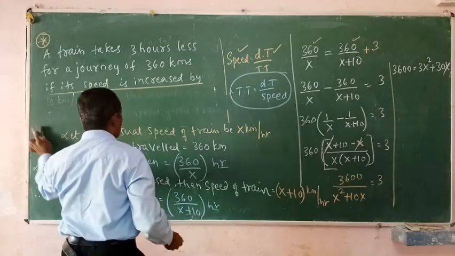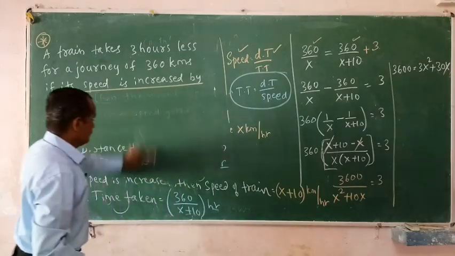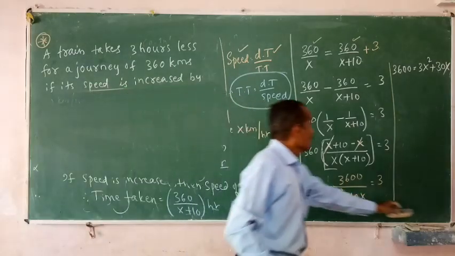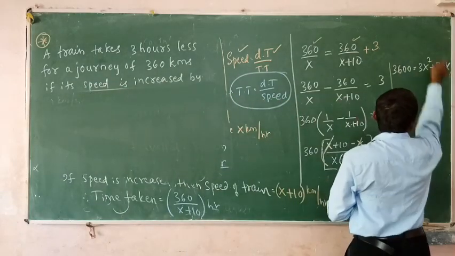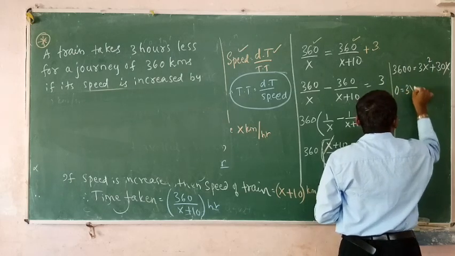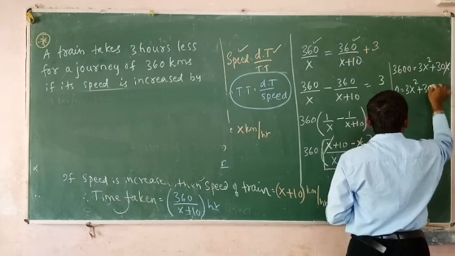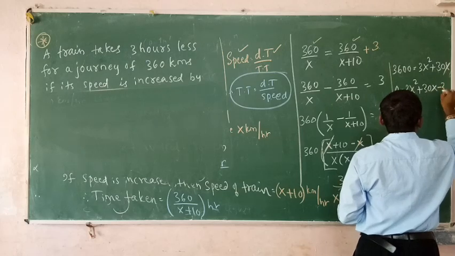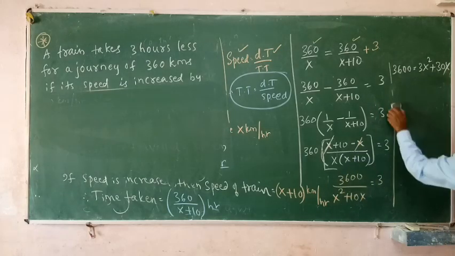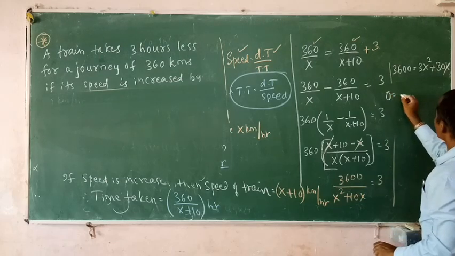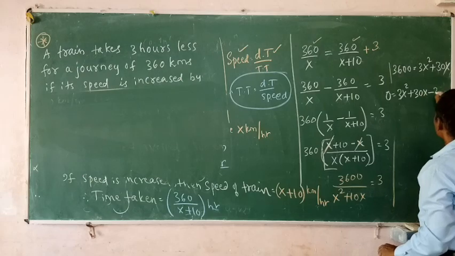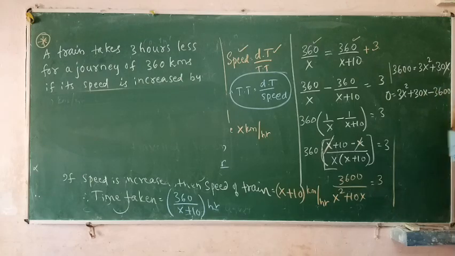Okay, I will continue here. I will bring this to the RHS and write 0 is equal to 3x square plus 30x minus 3600. Right? 0 is equal to 3x square plus 30x minus 3600.